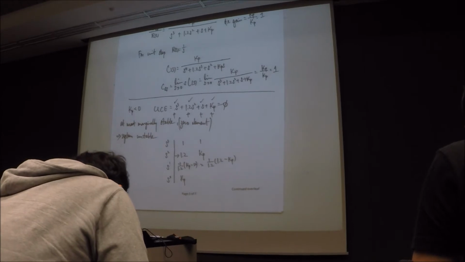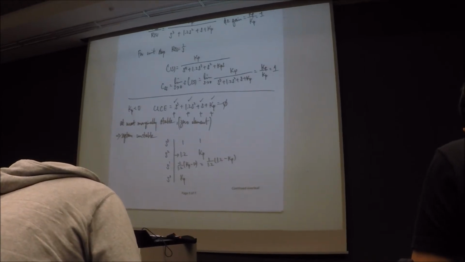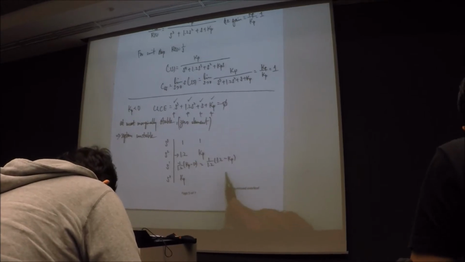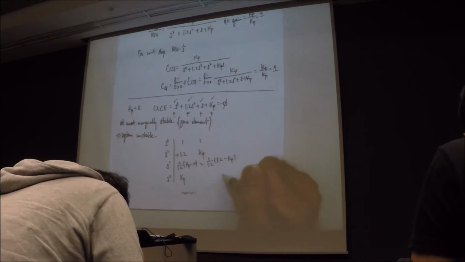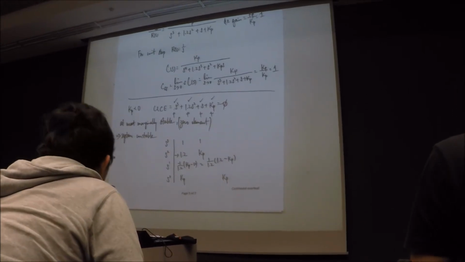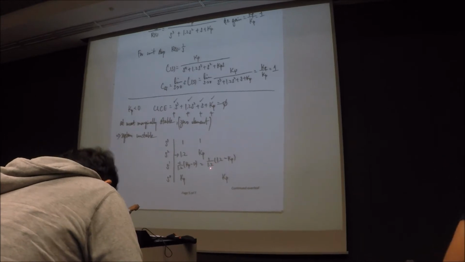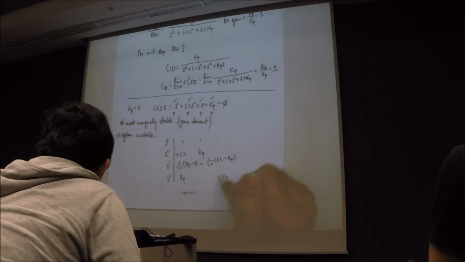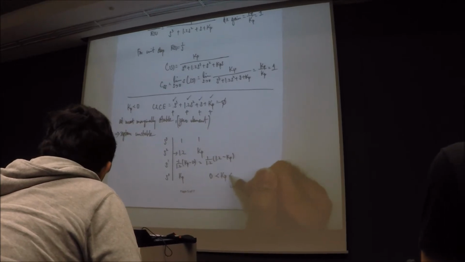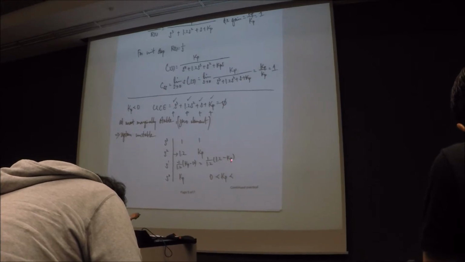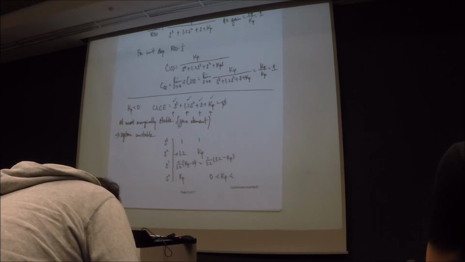So what are we asked to test? Kp equal to 1 and Kp equal to 1.5. From this requirement, for stability, first Kp has to be greater than 0. The other one, Kp has to be less than 1.2, because when Kp is less than 1.2, this element will be positive.